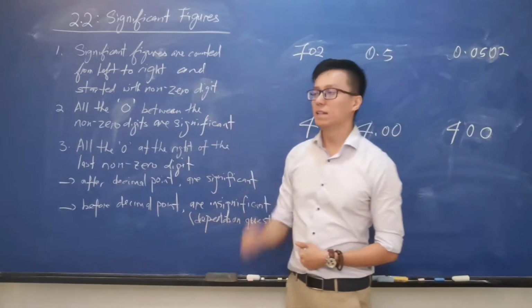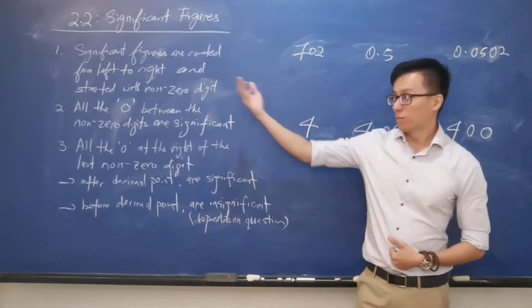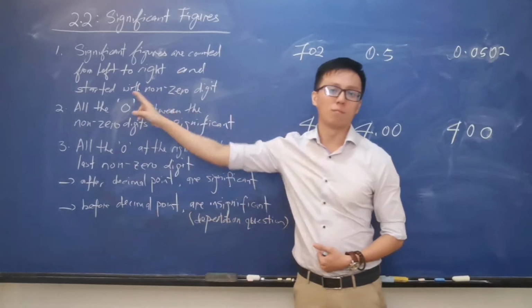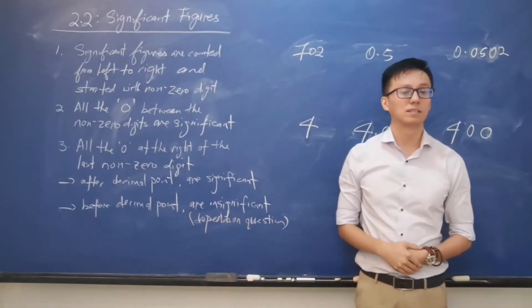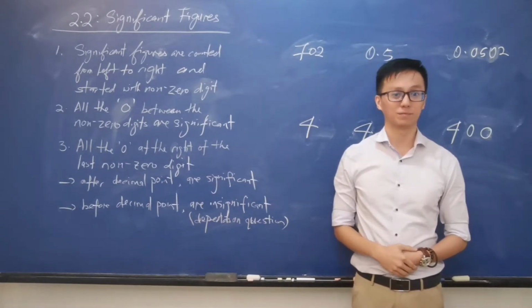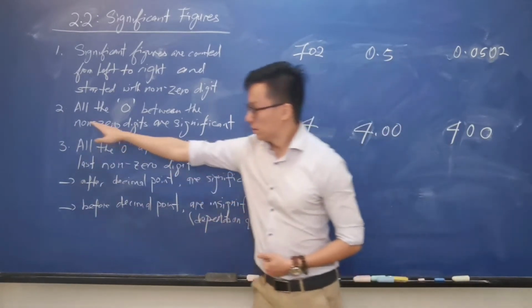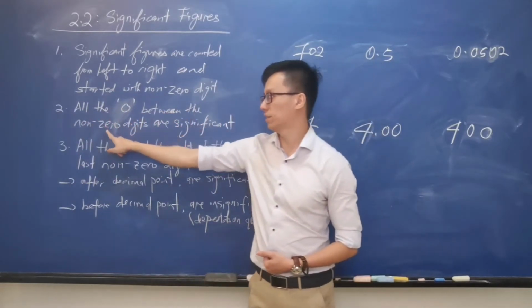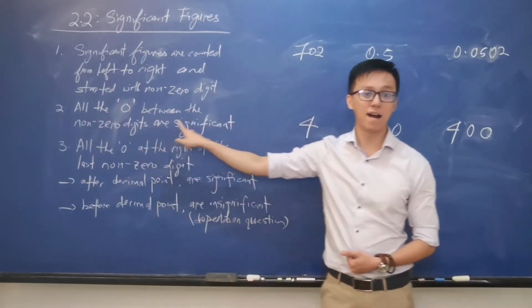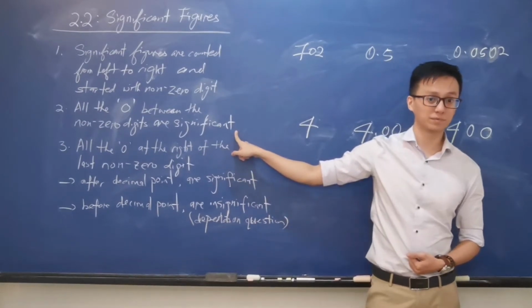The first one: significant figures are counted from left to right, starting with the non-zero number. Second characteristic: all the zeros between the non-zero digits are significant.